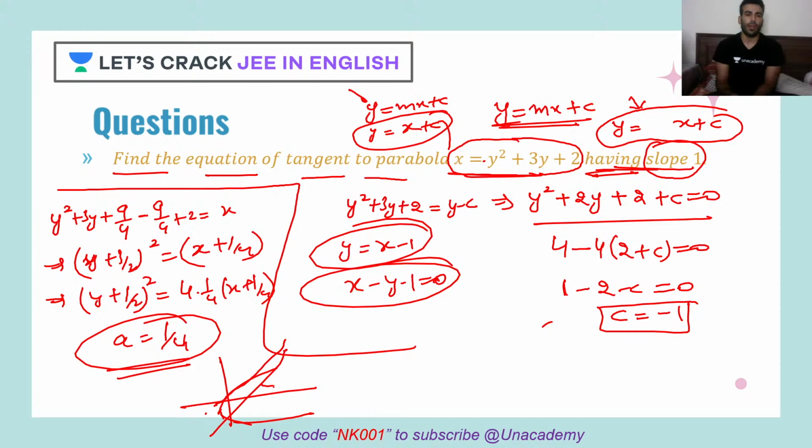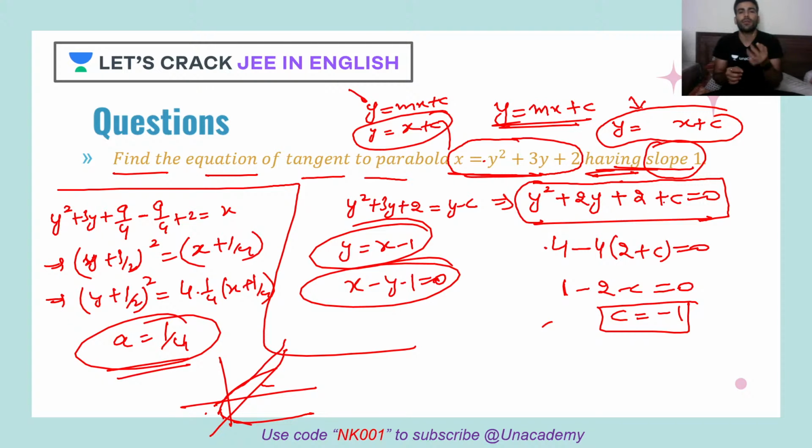Had it been cutting this parabola, we would have got two values of x and y. But the question clearly says it is a tangent. So while solving the line and parabola, this equation must have a single root, because both the points coincide at one point.